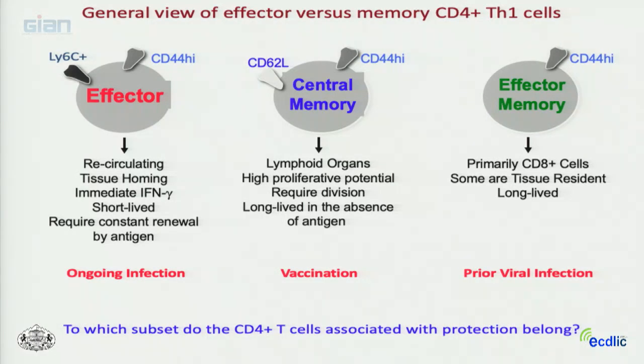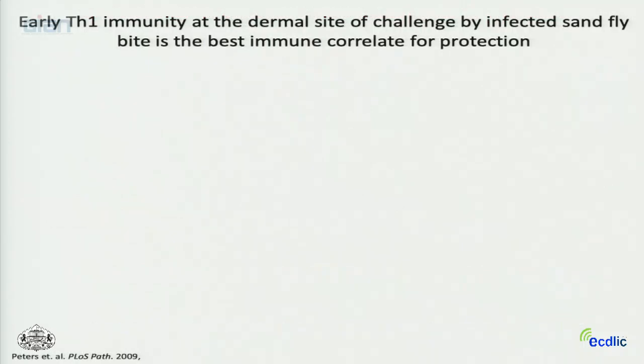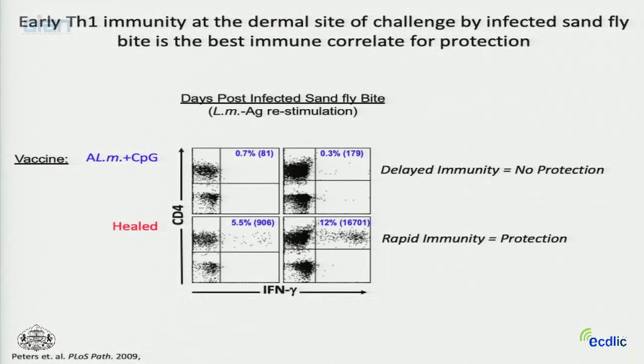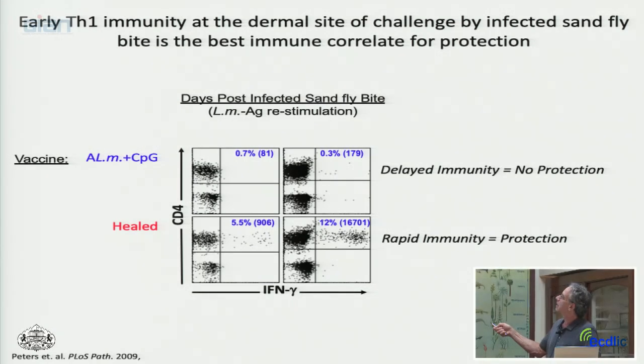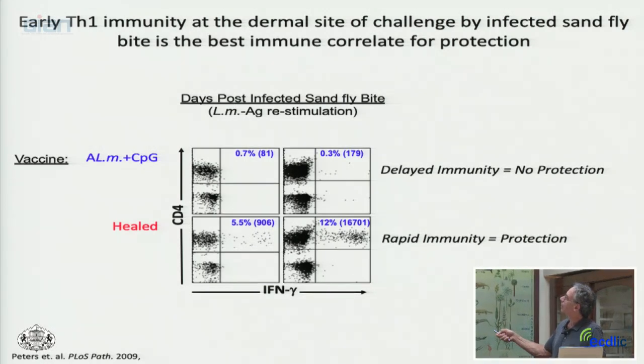So which of these CD4 T-cell subsets are associated with the protection we've been talking about in these mice? What we'll see is that early Th1 immunity at the dermal site of challenge by infected fly bites is the best correlate for protection.